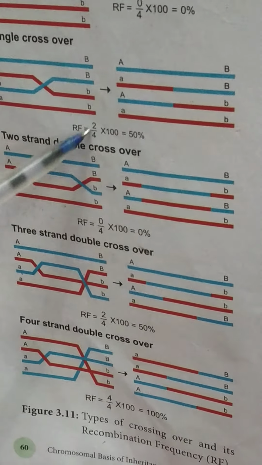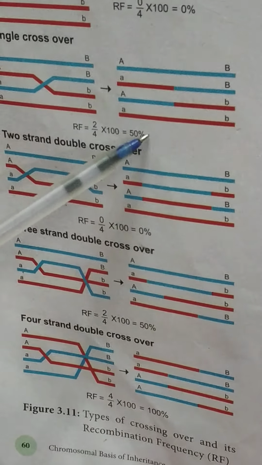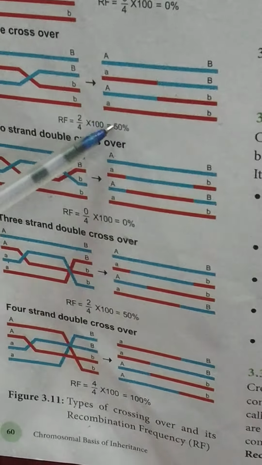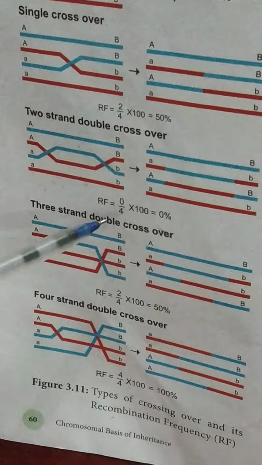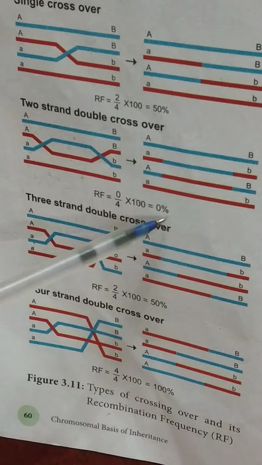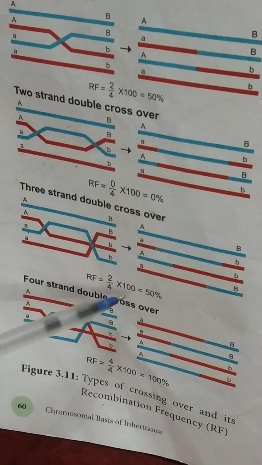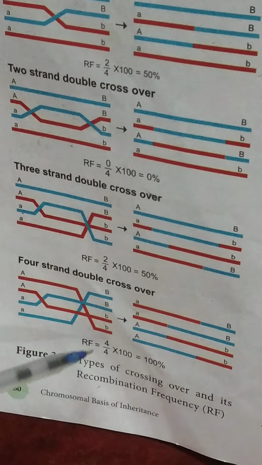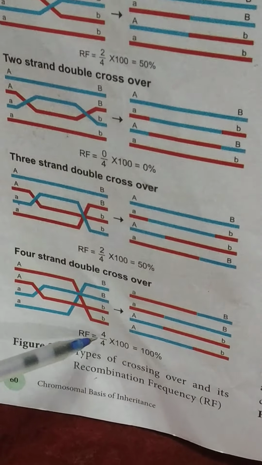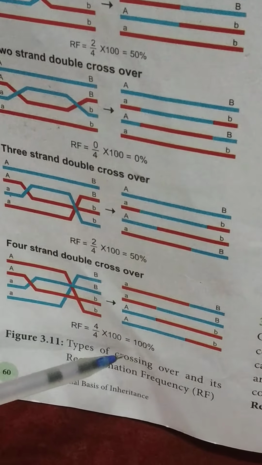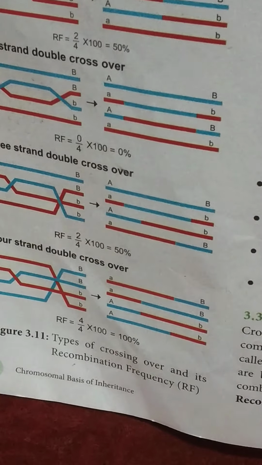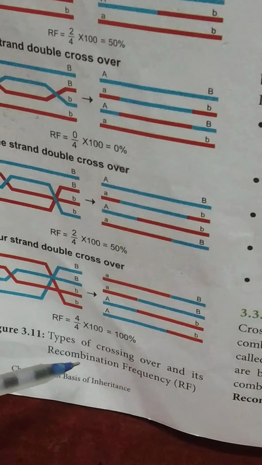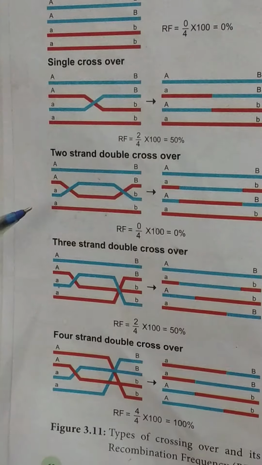And here 2 by 4 into 100, 50% recombination frequency for single crossover. Next is 0 by 4 into 100, 0%, 2 by 4 into 100, 50%, and where all the 4 strands are involved, 4 by 4 into 100 is equal to 100%. So these are all the pictures explaining the types of crossover.